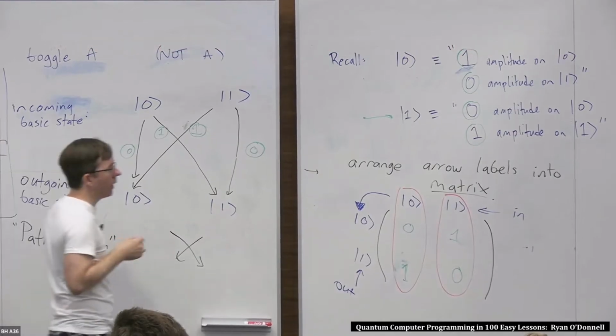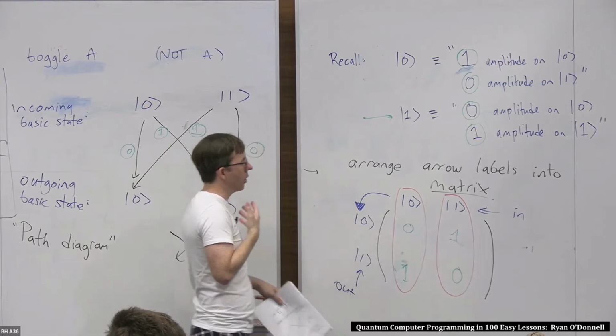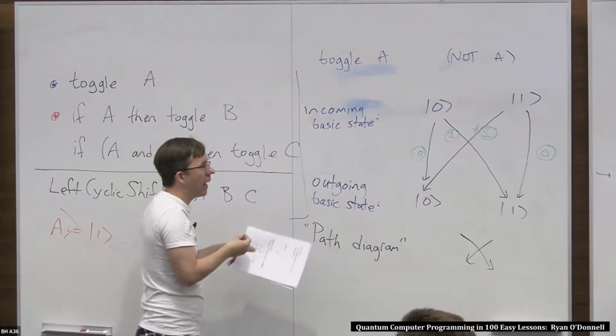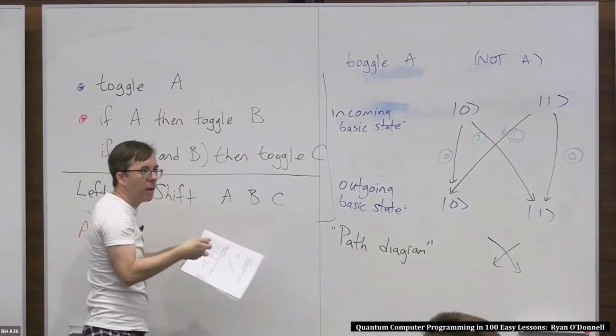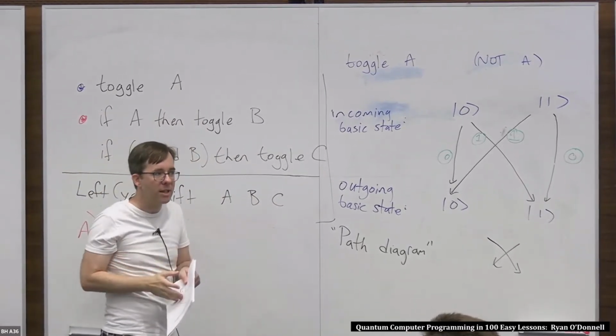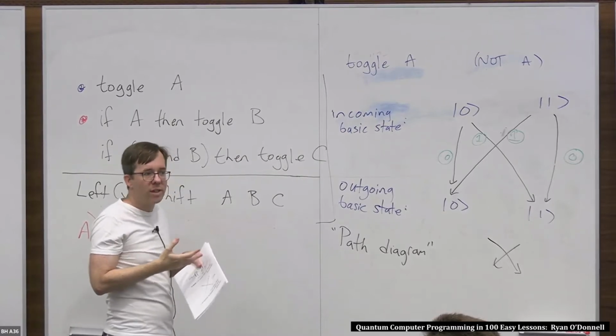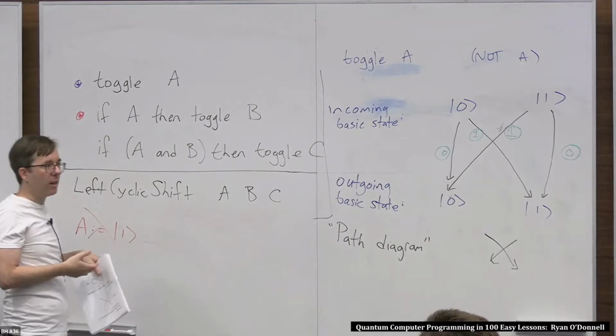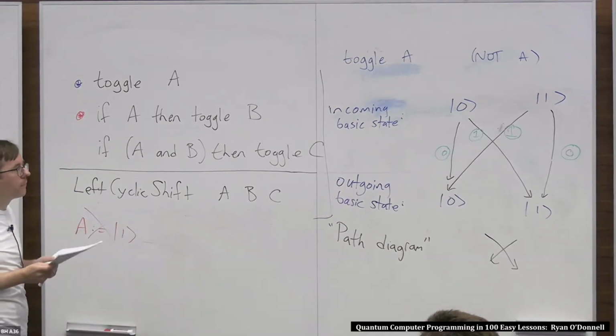Question. The question was related to this: here I've explained how toggle works if A's value, the incoming value, is either basic state 0 or basic state 1. And you might say, what if it's not like this? What if it's a superposition state, like 0.8 on 0 and 0.6 on 1?